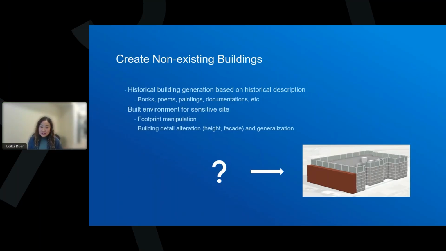So that's the idea from working with that client: we basically altered a lot of the building details. We put in fake heights, we changed heights to random numbers within a reasonable range, and changed the facade to very generic facades. And we have a set of these facades to give some variation, and basically generalize the whole idea. And then the client was delivered a digital twin that they can use to represent the site.